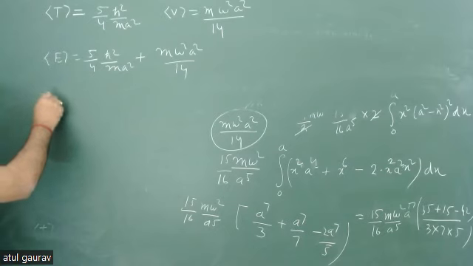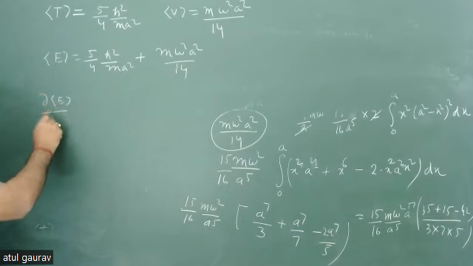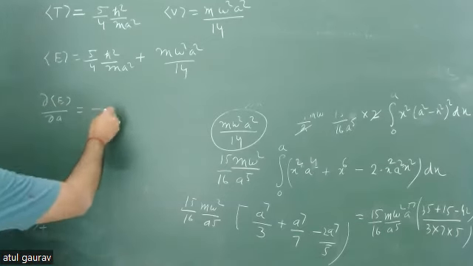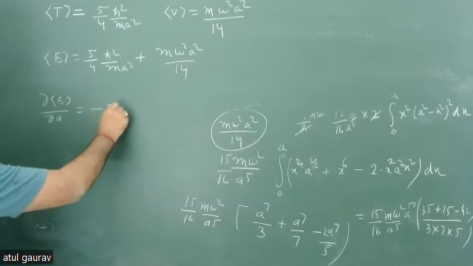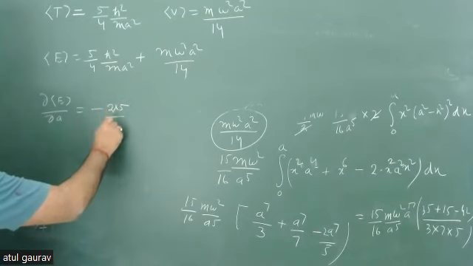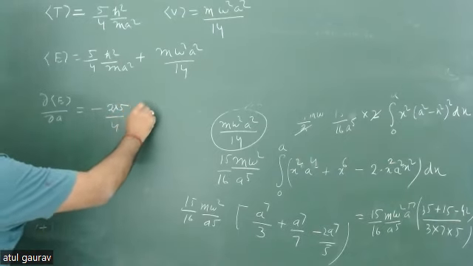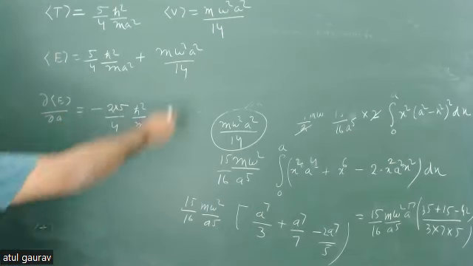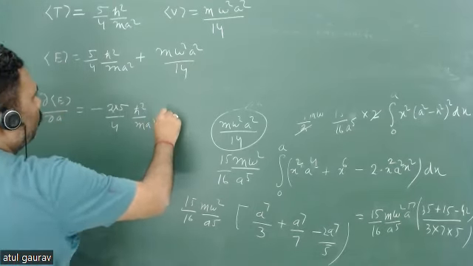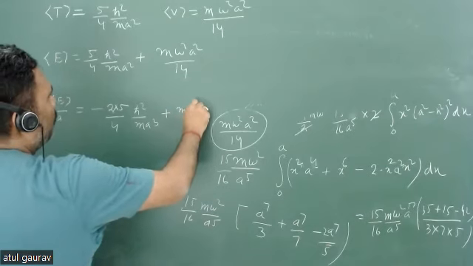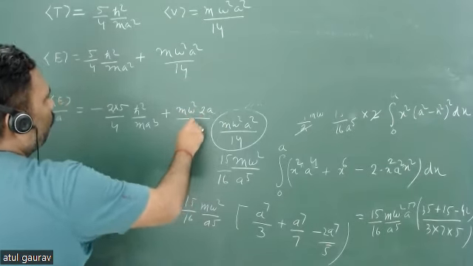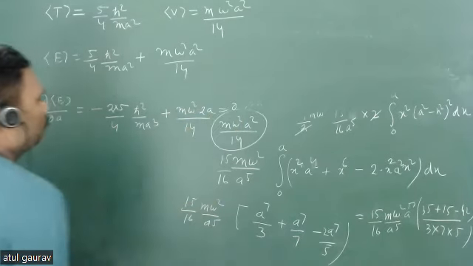So you will go for del E upon del A, and that value is equal to, what will happen here? 2 into 5/4 h cut square upon m a cube, plus m omega square 2a by 14 must be equal to 0.